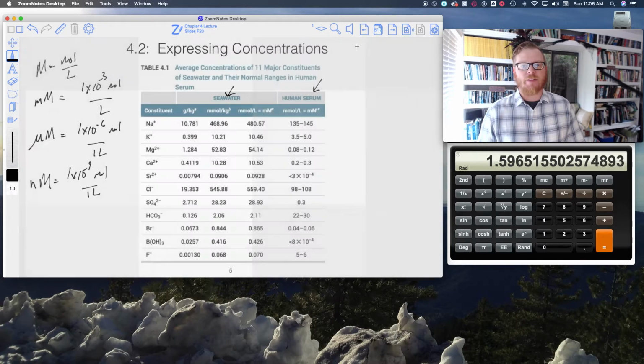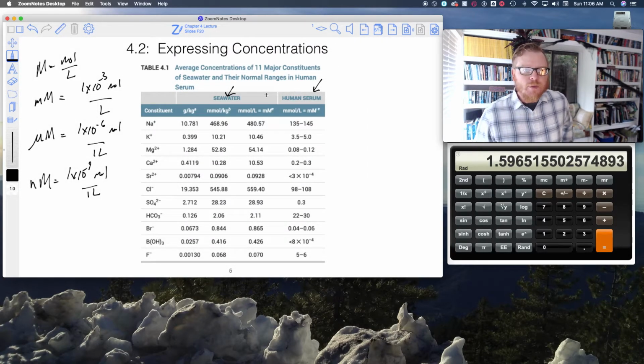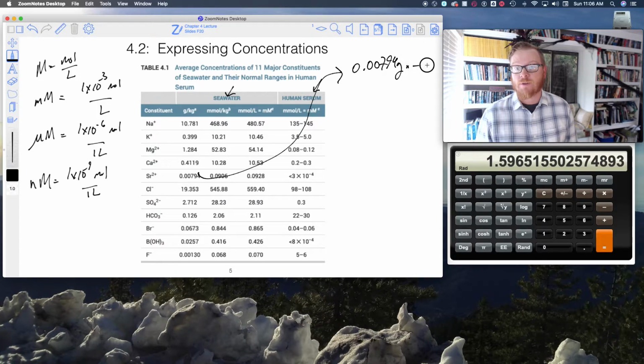And if I back up on the slide right here, we have here grams per kilogram, right? But let's find one that's roughly 1 milligram. So let me pick on this strontium right here, okay? So 0.00794 grams. I'm going to convert that to milligrams, okay?